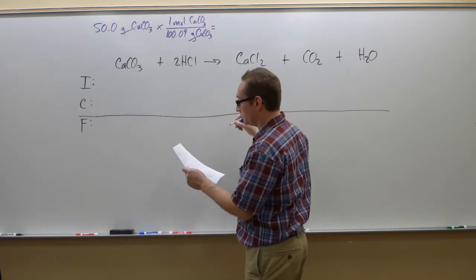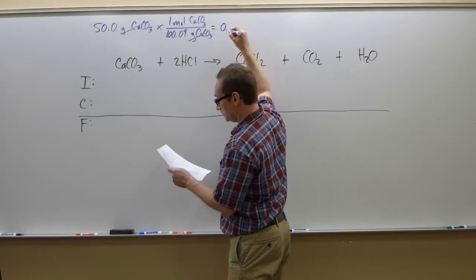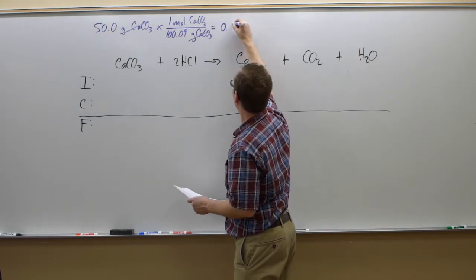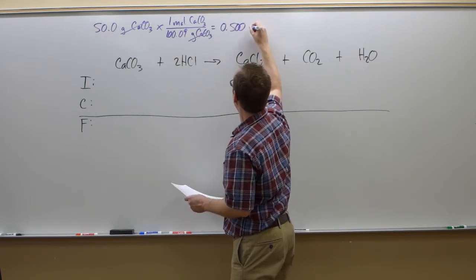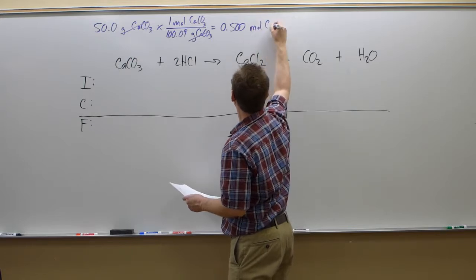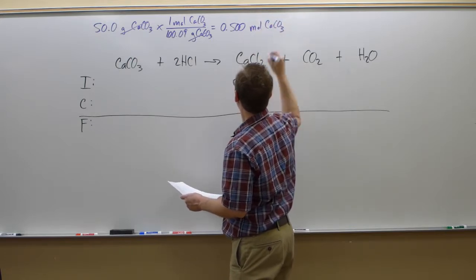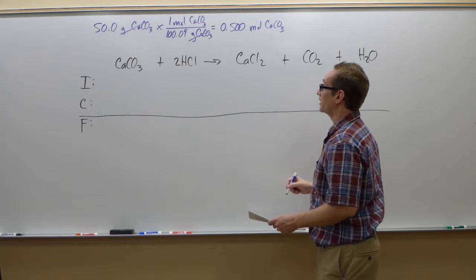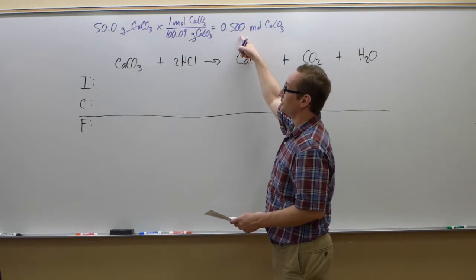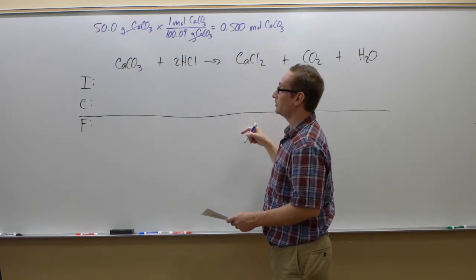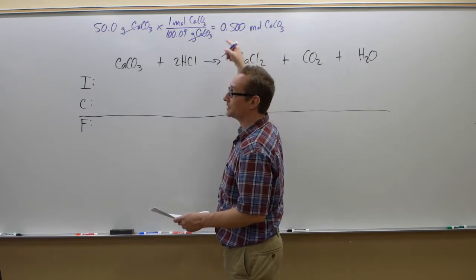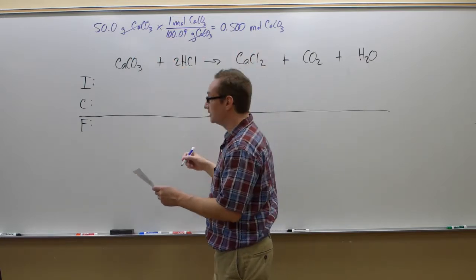And that comes out to be 0.5. All right, we're going to take that 0.500. And by the way, I'm carrying at least 3 sig figs here because I got 50.0.